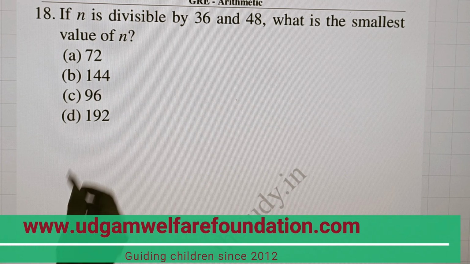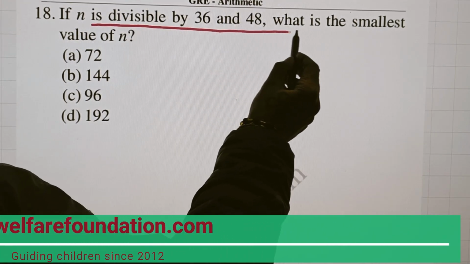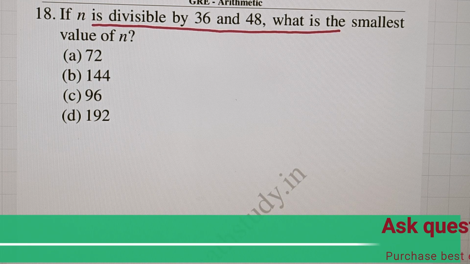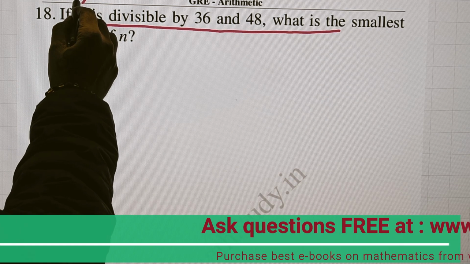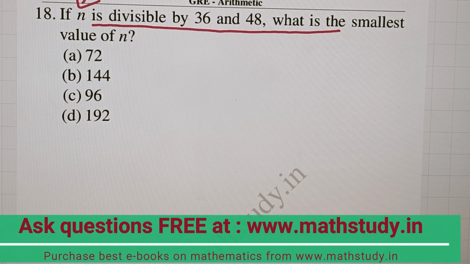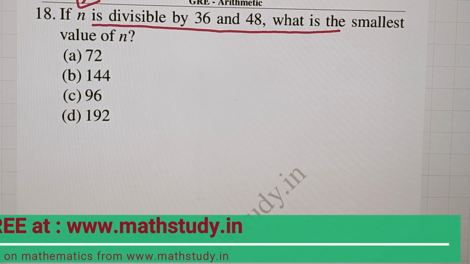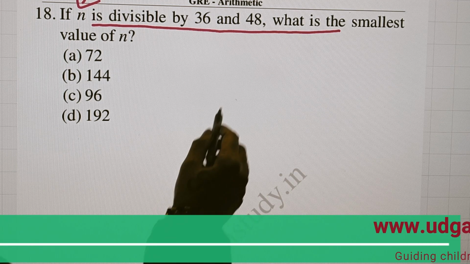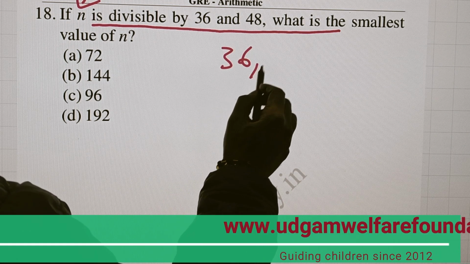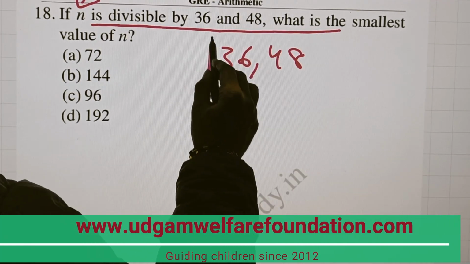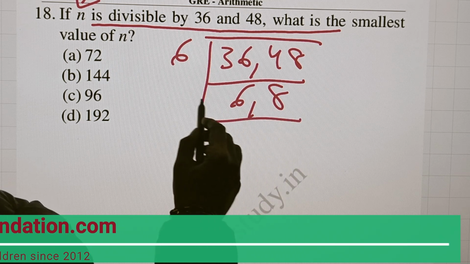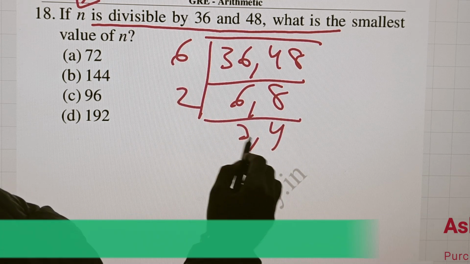Now our next question is, if n is divisible by 36 and 48, what is the smallest value of n? So n is a number which is divisible by both 36 and 48. That means we have to find the LCM of these two numbers. So let us do it this way. 36 and 48 is 6, 6, 6 times 6, 6 times 8, then 2, 3, 2, 4.